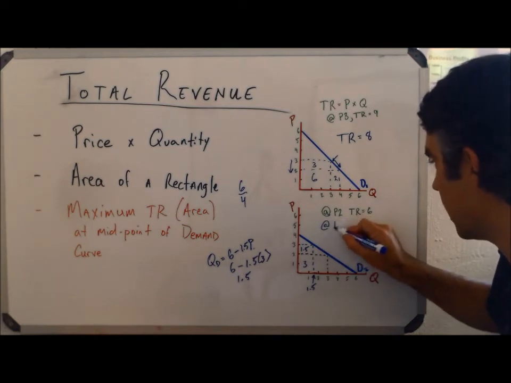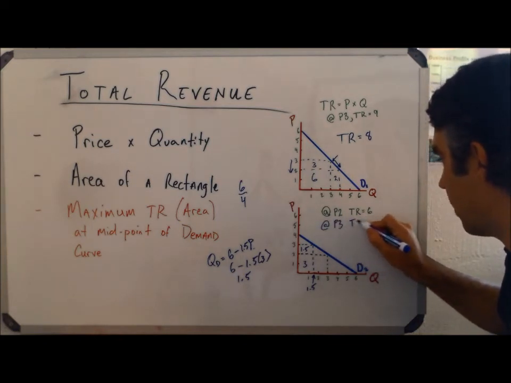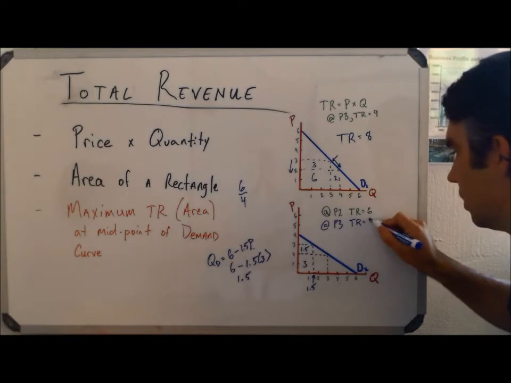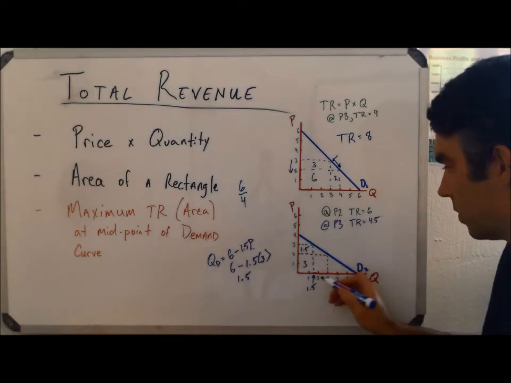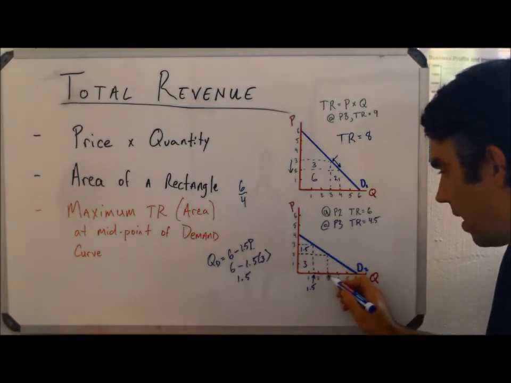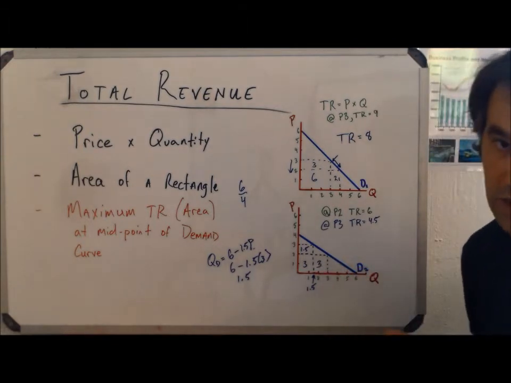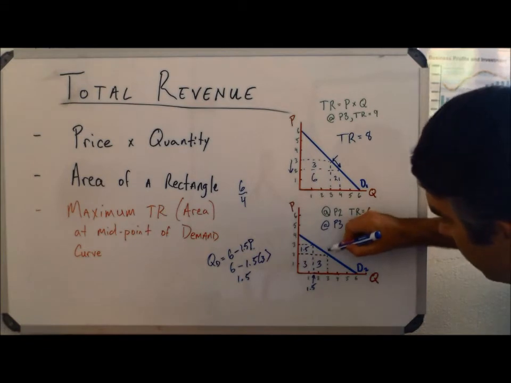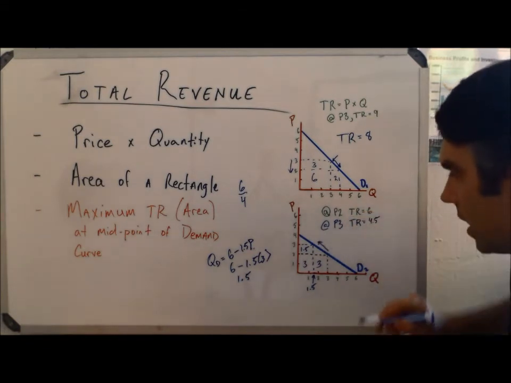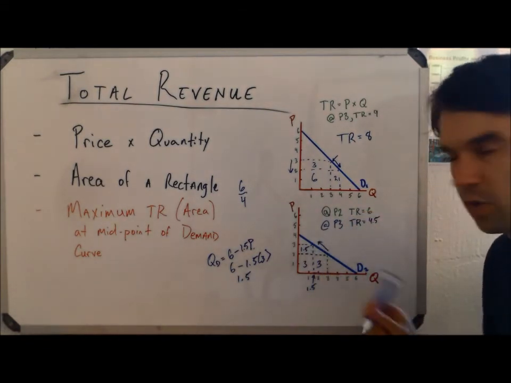So when price is 3, total revenue is 4.5. To finish this off, this would be a run of 1.5 with a height of 2, so that's going to be worth 3 as well. So if I go from price 2 to price 3, will I lose 3 to get 1.5?